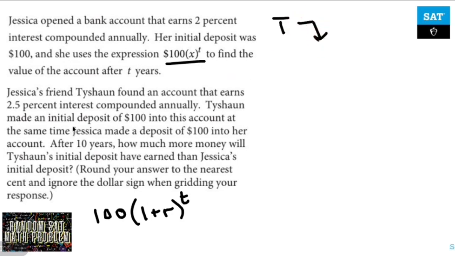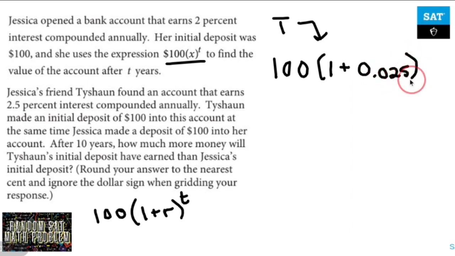So Tyshawn starts out with $100, just like Jessica did. You have 1, and you're adding 2.5%. 2.5% as a decimal is 0.025, taken to the 5th power.